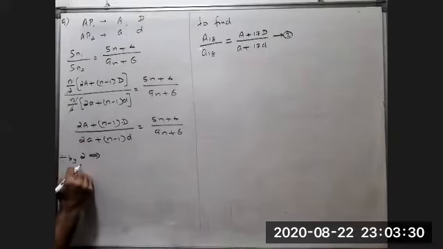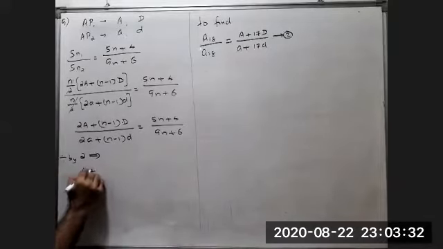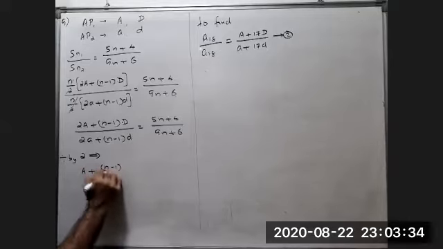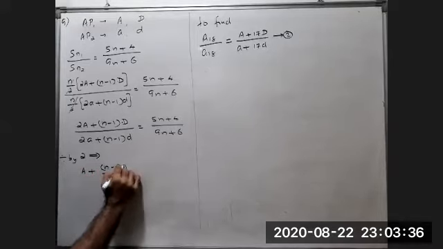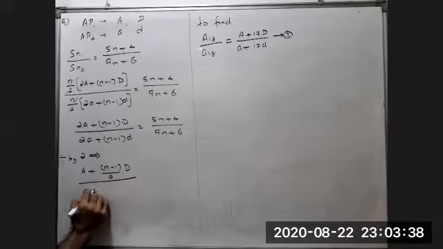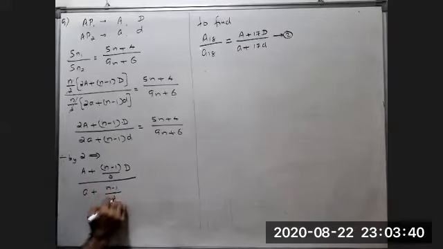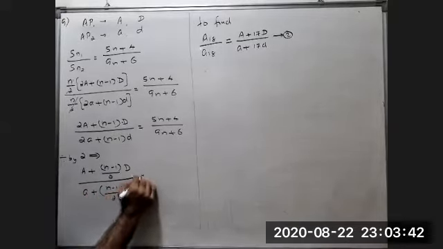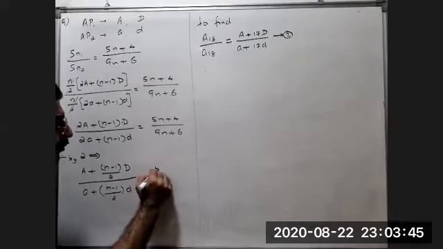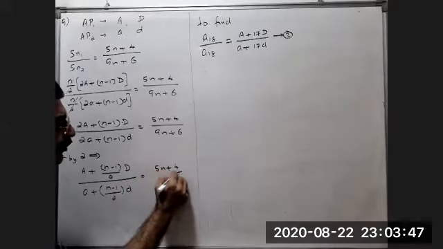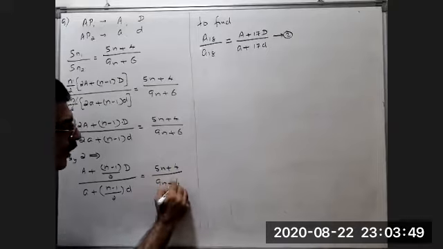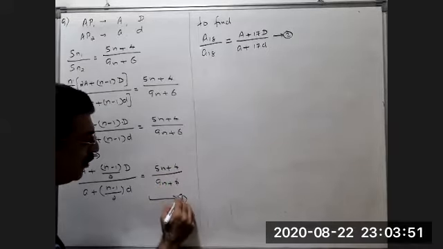So if I am dividing by 2, we get A plus (n minus 1) by 2 into d over A plus (n minus 1) by 2 into d. This is (5n plus 4) by (9n plus 6), equation number 1.